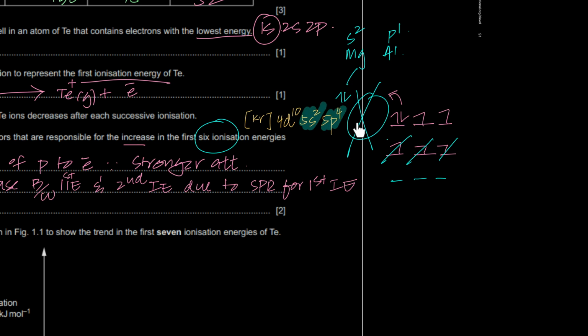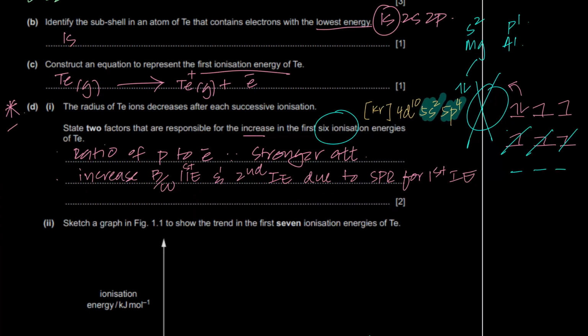So you'll realize that the ionization energy increases because the 5p electrons experienced greater shielding compared to the 5s electrons. So you could also identify this, that there's going to be an increase in ionization energy between the 4th ionization energy and the 5th ionization energy. So he basically combined the two factors that you learn as exceptions.